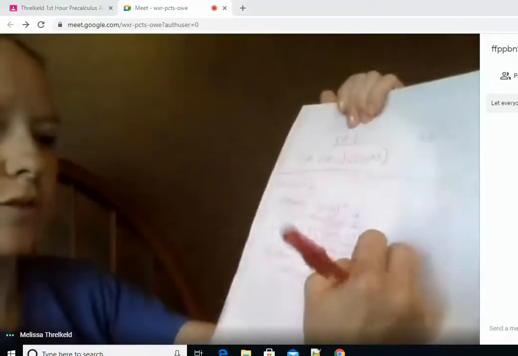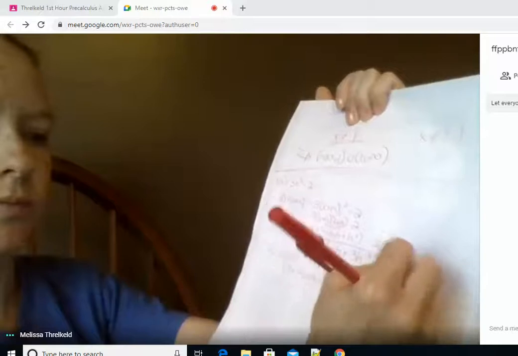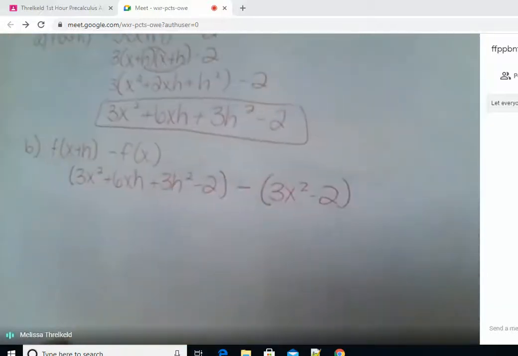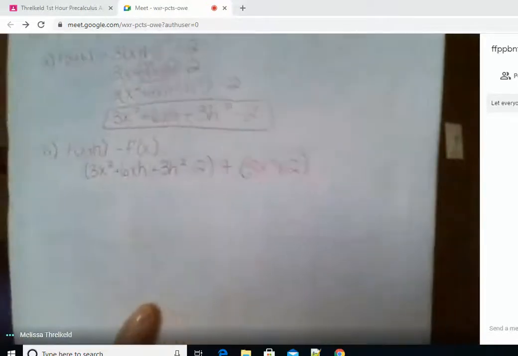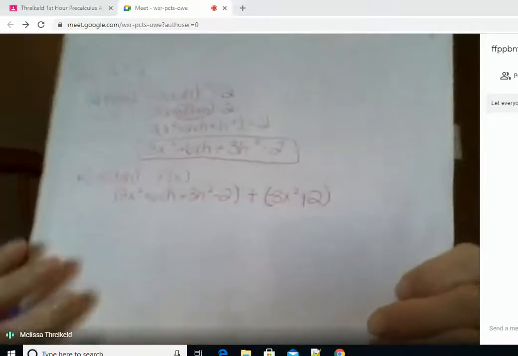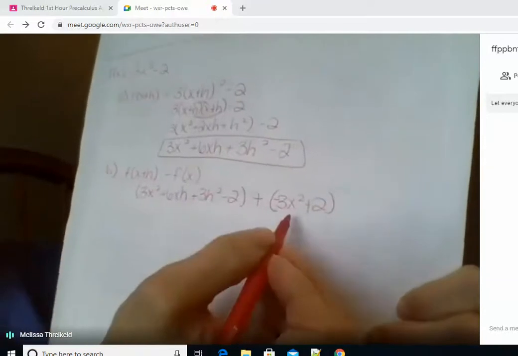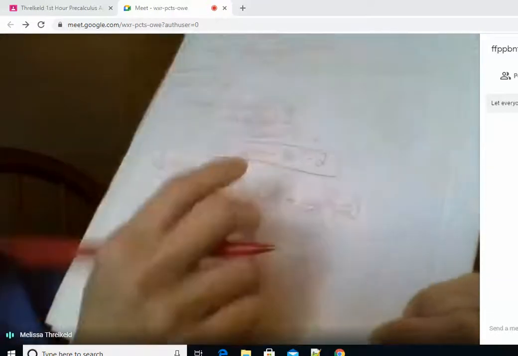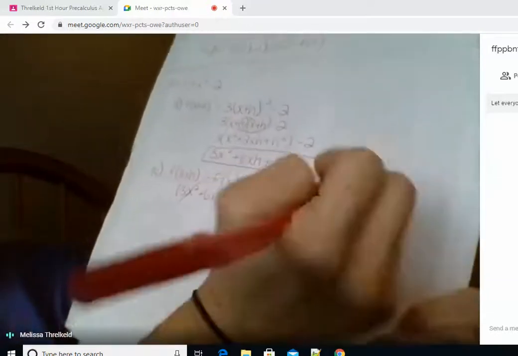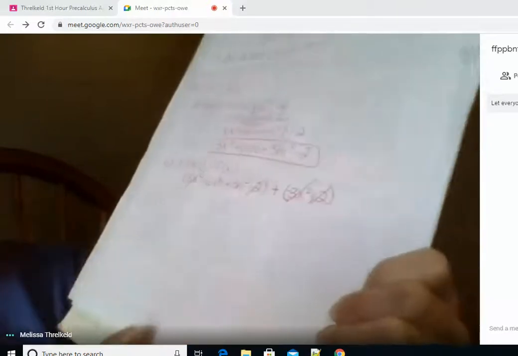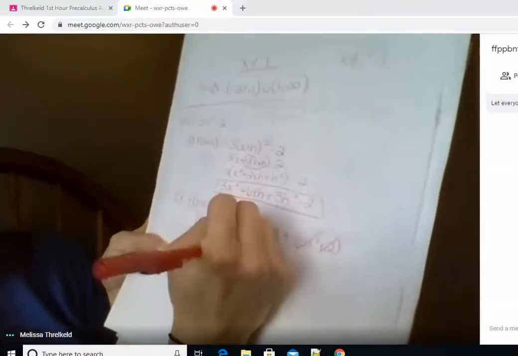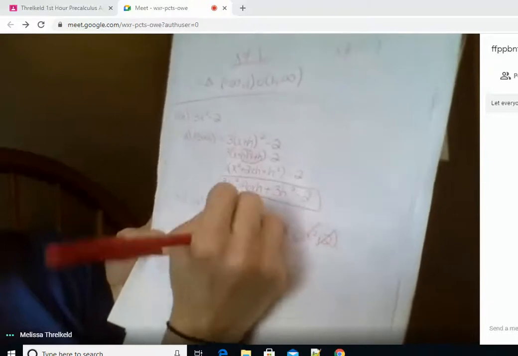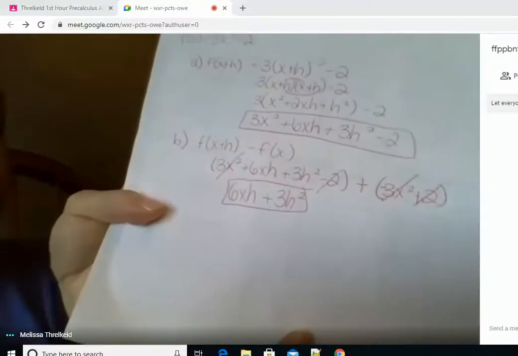Right, it's that original, 3x squared minus 2. Again, I put this in parentheses because I need to distribute that negative. And the really nice thing is things start canceling out here. 3x squared and negative 3x squared drop out. Negative 2 and positive 2 drop out. So we get 6xh plus 3h squared.